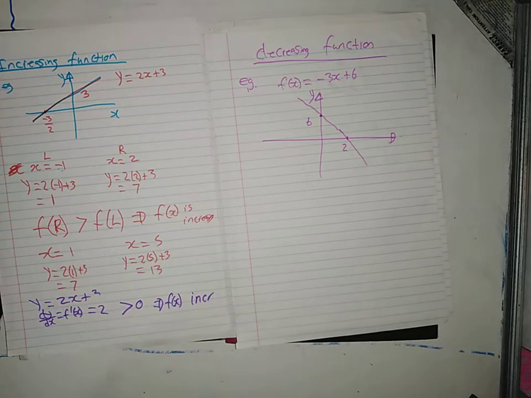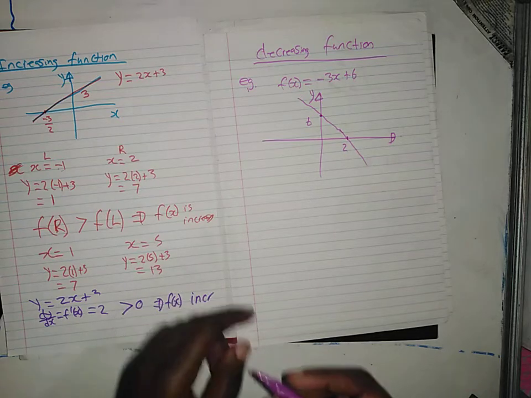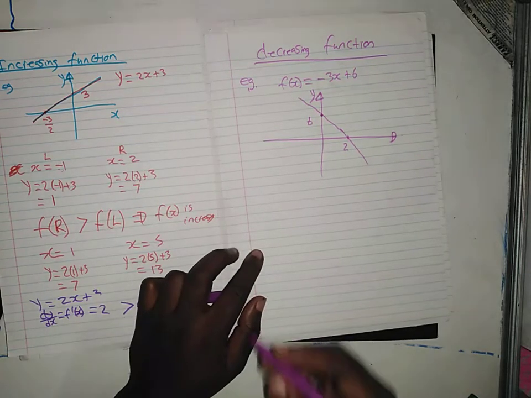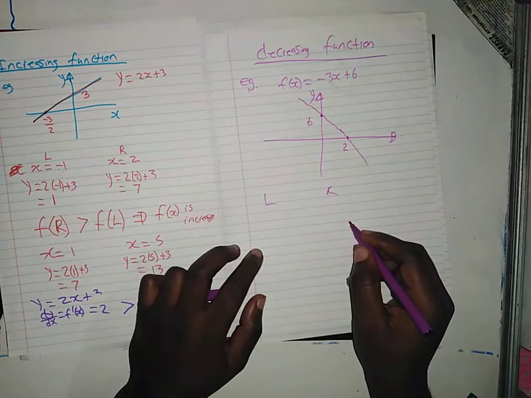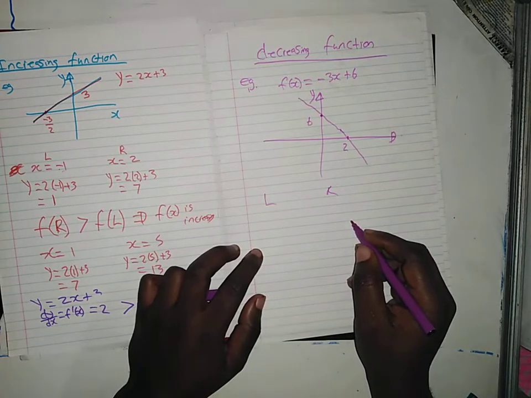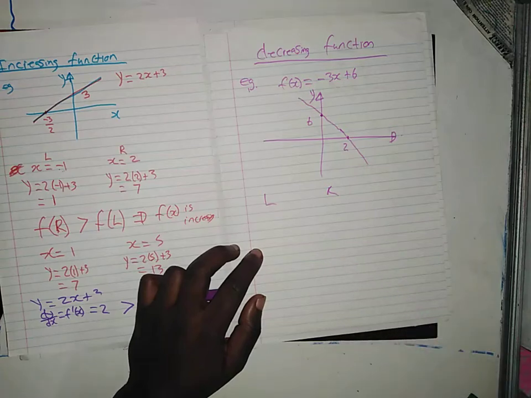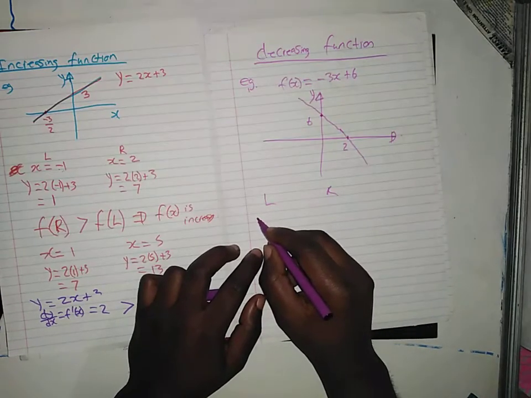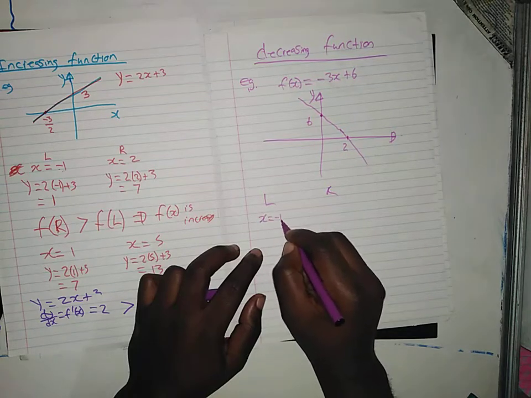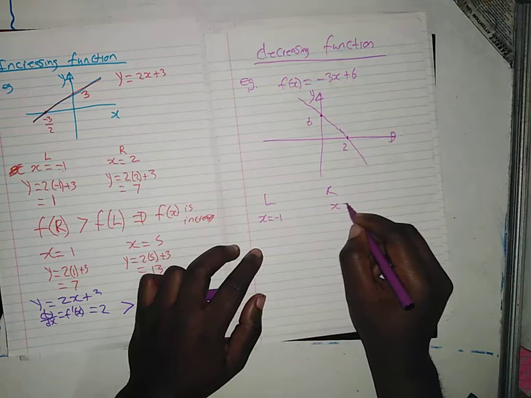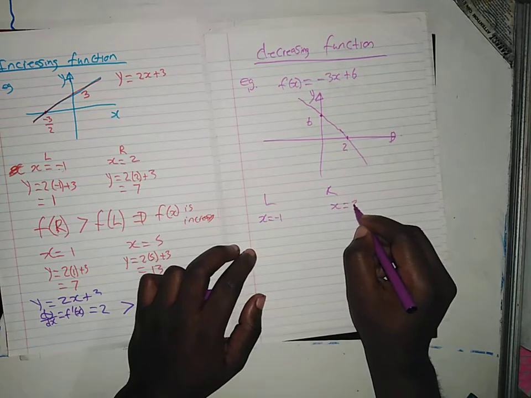Okay, so now to explain properly, we pick 2 values on the left and on the right. Okay, and then we evaluate this value. That means we take this value and we put it into the equation. So let's say the same numbers that we took earlier. Let's take x is equal to -1, and then x is equal to 2.